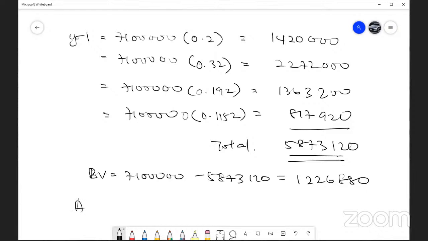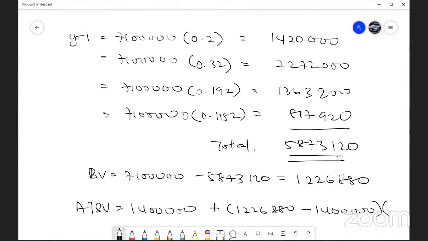But the salvage value is $1.4 million, so you make some profit there. So SV minus (SV minus BV) times your tax, 0.35; sorry, it's SV minus (SV minus BV) times tax.